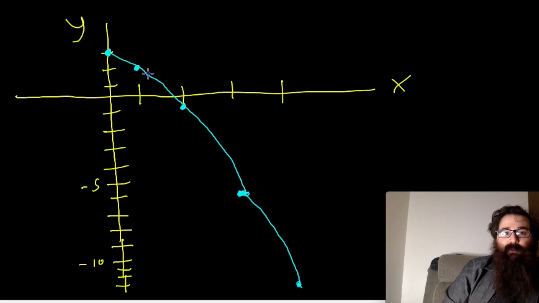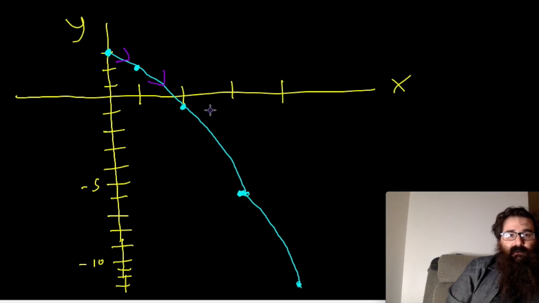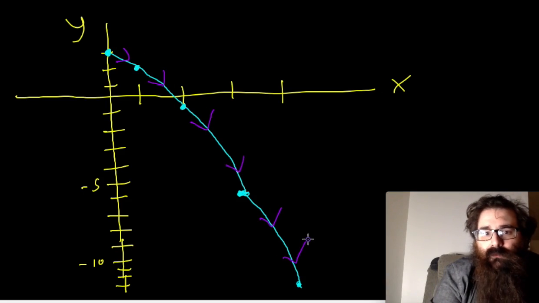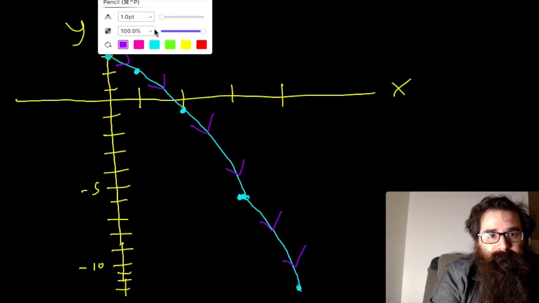And I did plot these points in order, right, starting with when t was 0 and then going through to when t is 4. So I want the arrowheads indicating the direction this curve is falling. Looks reasonable. It gives me some rough ideas as to how the curve is going to look.